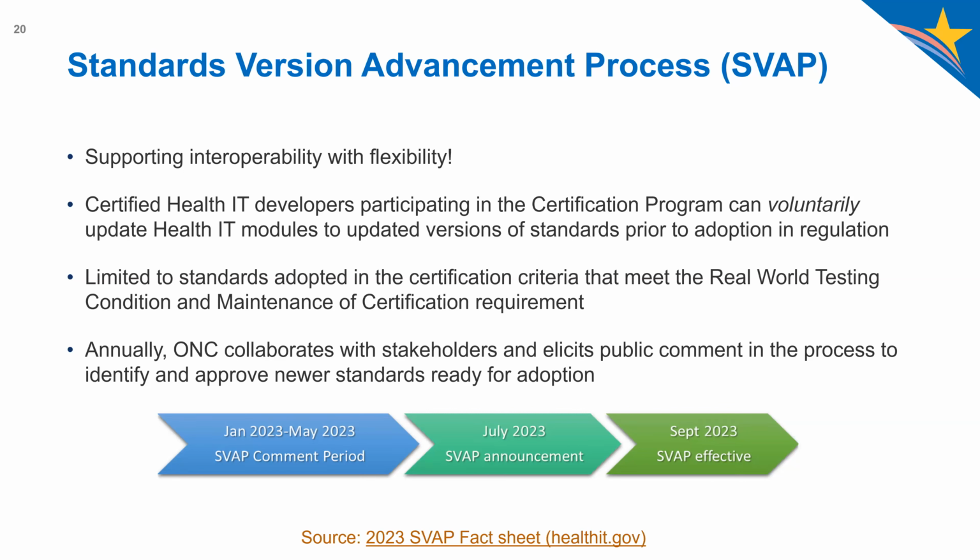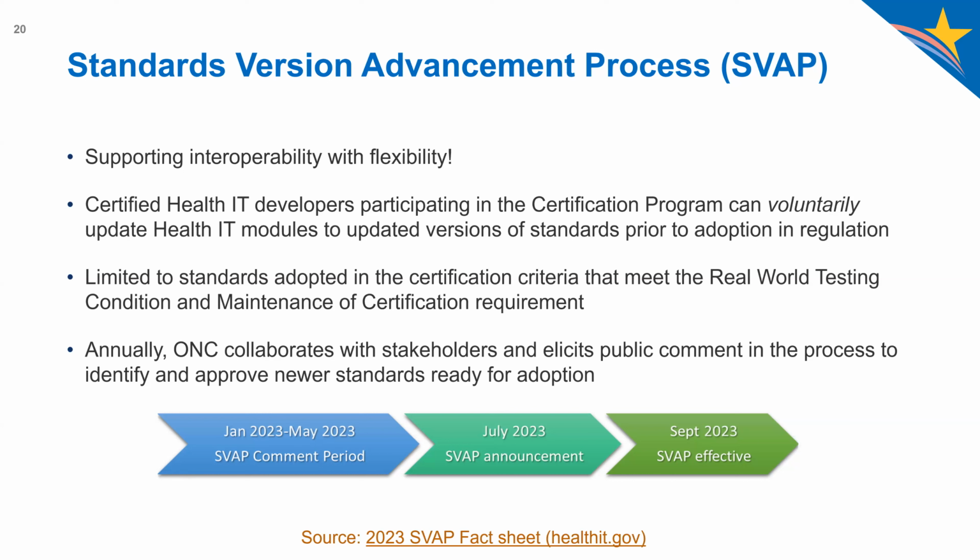Certified health IT developers participating in the certification program can voluntarily update their health IT modules to updated versions of standards prior to adoption in regulations. This is not something that you have to do, but if there is an updated standard that has gone through the SVAP, you can then update so you don't have to wait for this to be adopted in regulation. As we know, sometimes this can take a while. So this gives you some flexibility.